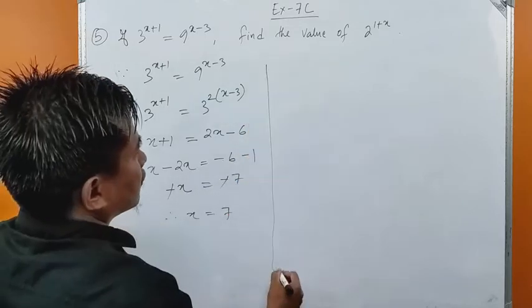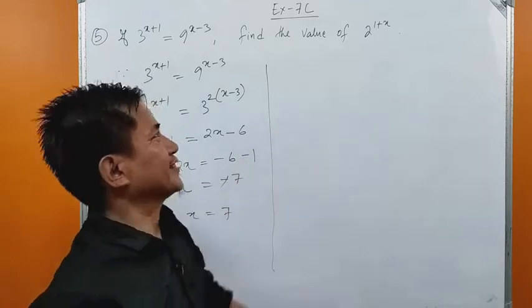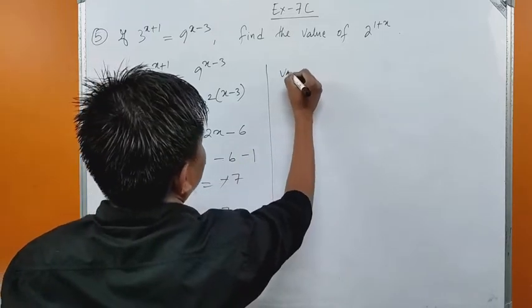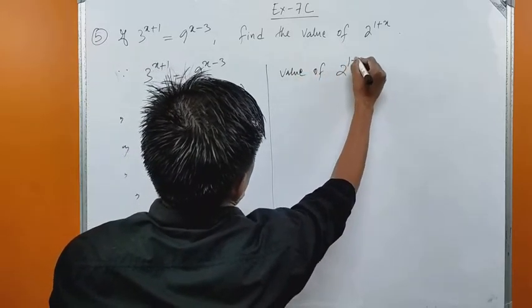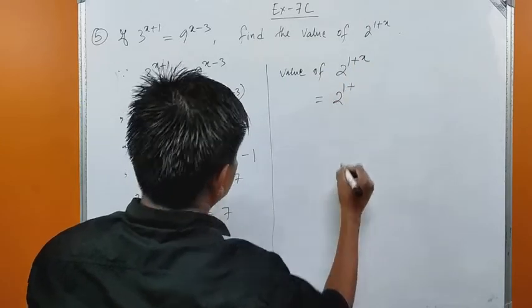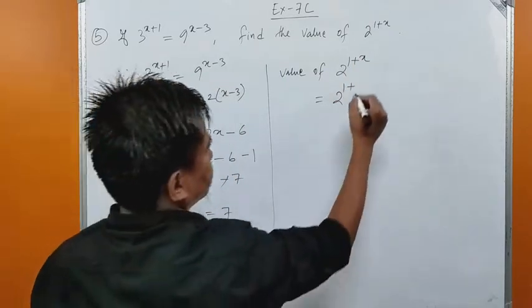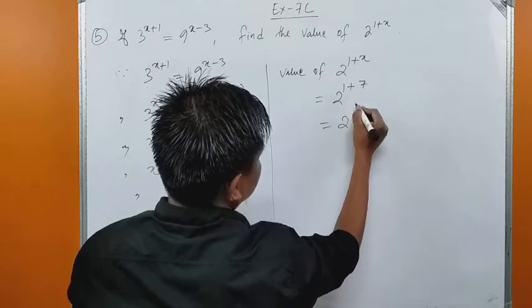Now let's find the value of this number, 2 to the power 1 plus x. 2 to the power 1 plus x means 1 plus 7, which is 8.